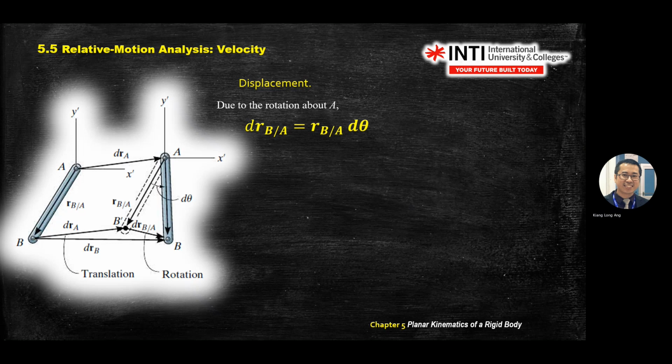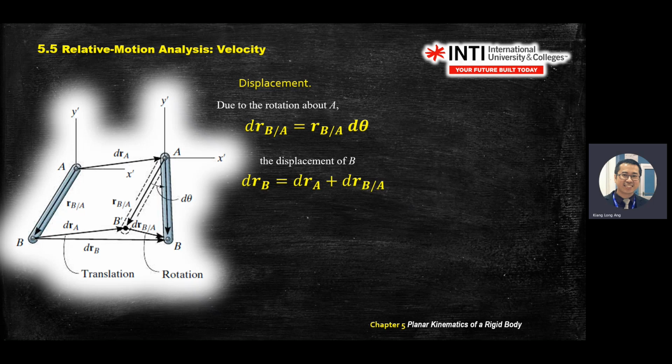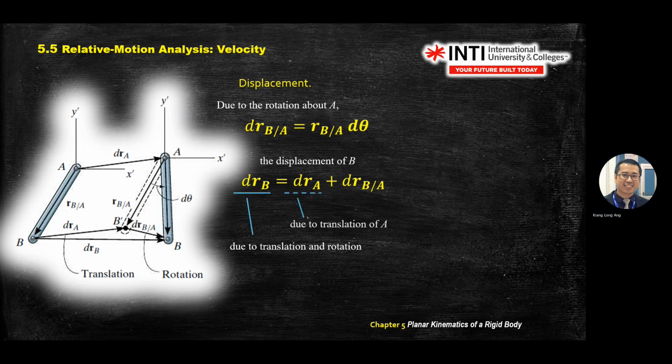So same, dr B stroke A equals R B stroke A d theta. So actually it's S equal to R theta. Okay. So same displacement of B from here to here. So it's the one that you mentioned just now.